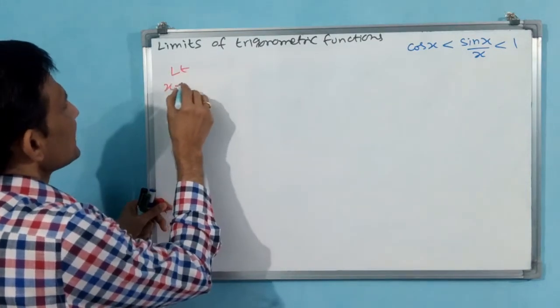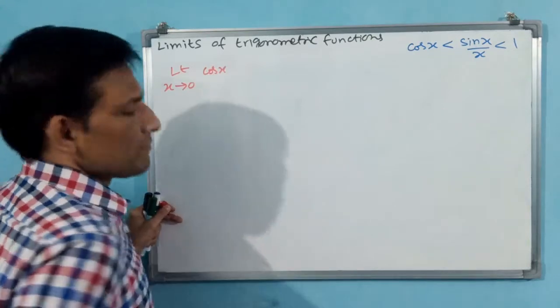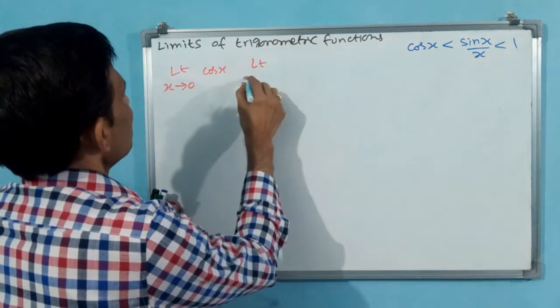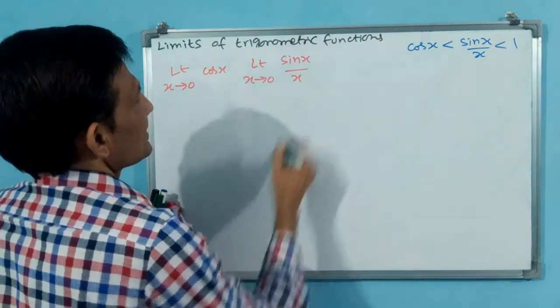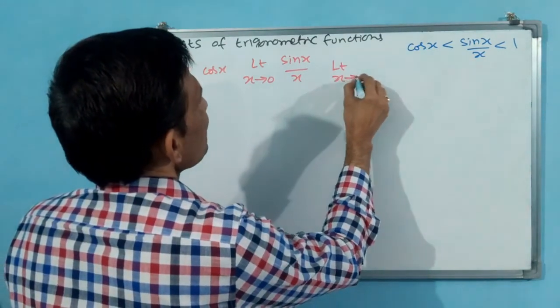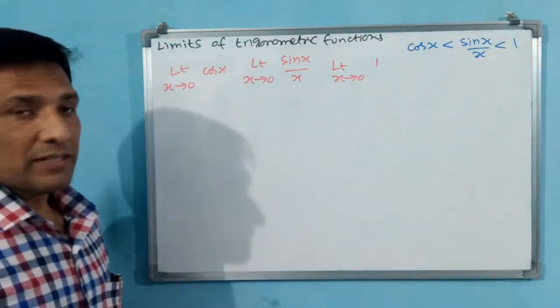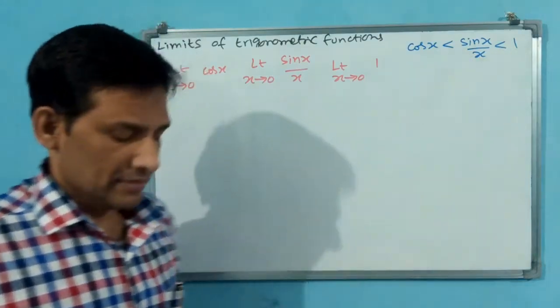Limit x tends to 0 of cos x, limit x tends to 0 of sin x by x, limit x tends to 0 of 1. Okay, why? Because we are taking limits of these 3: cos x, sin x by x, and 1.